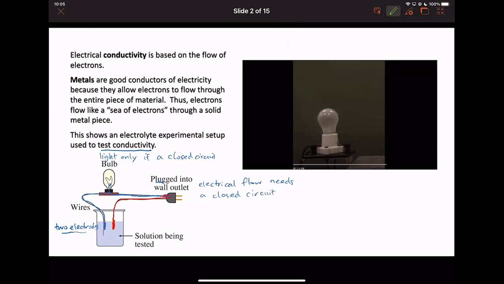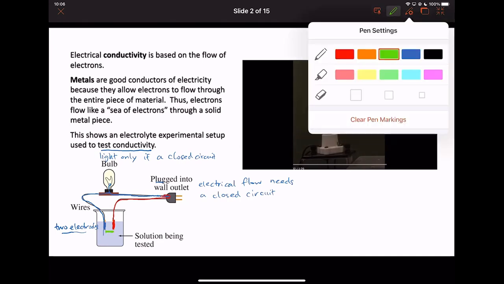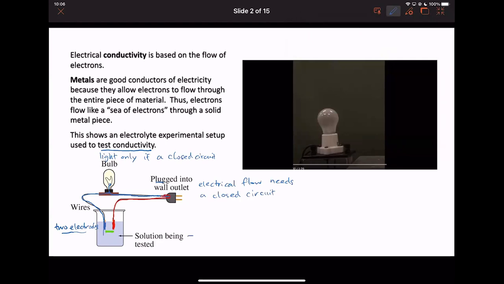Well, this red side continues on into the plugged in wall outlet and would be a closed circuit, except for it's open right here. So this connection between the two electrodes will only be closed if the solution being tested can conduct electricity. So if this solution has free flowing ions, so ions being positive and negative charges that flow from one electrode to the other electrode, okay, then the circuit will be closed.